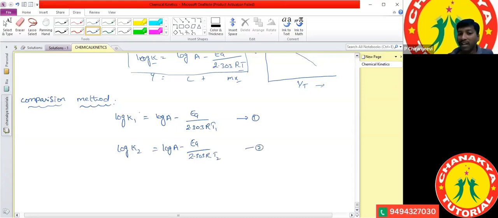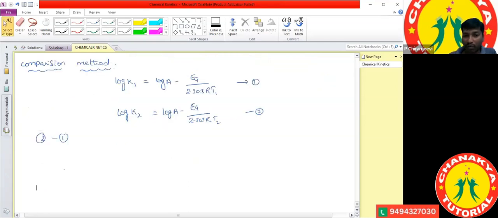If they have given two different rate constants and two different temperatures, how can we derive the equation? Equation 2 minus equation 1. If you write equation 2 minus equation 1, what will you get? log k2 minus log k1 is equal to, what is equation 2?